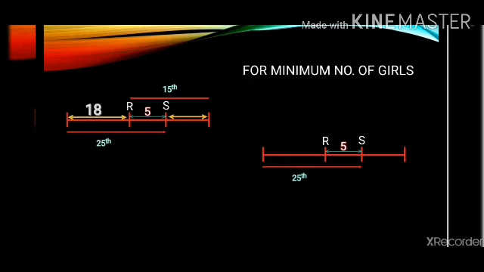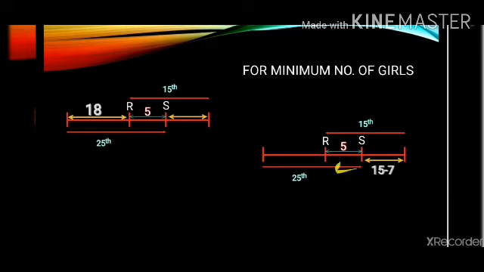Now I want to calculate the number of people after S. I'll do the same thing. I know there are 15 people up to and including R from the right. Now I have 5 people between R and S. Again I'll do the same thing. I'll subtract 7 from 15. Why am I subtracting 7?